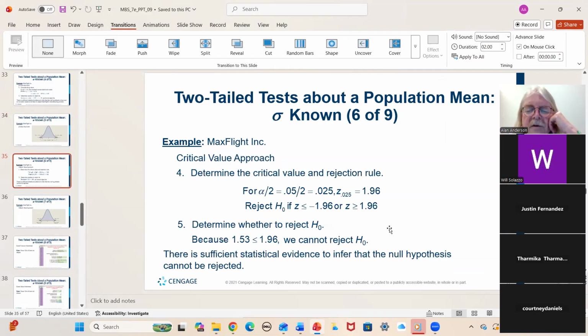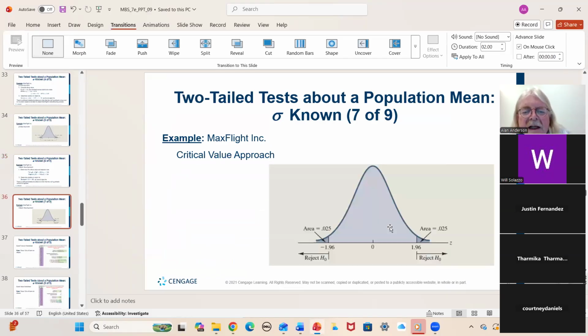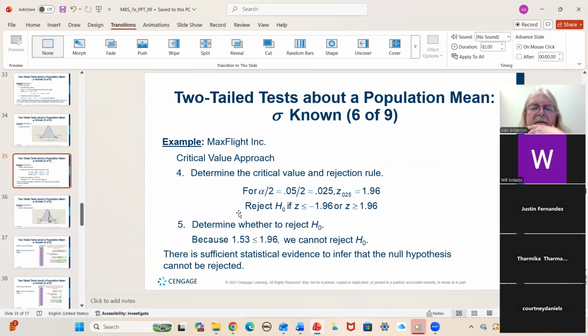Then here for the critical value approach, we looked at the critical values, compared them to the test statistic, and looks like they forgot to put it in there. It does not reach the critical value, the rejection region, I mean.